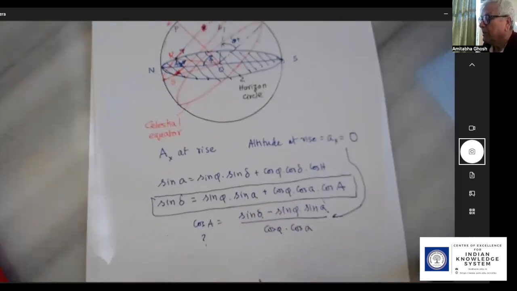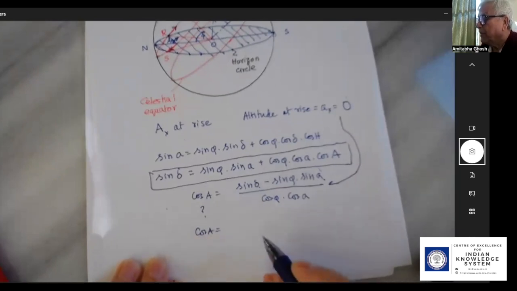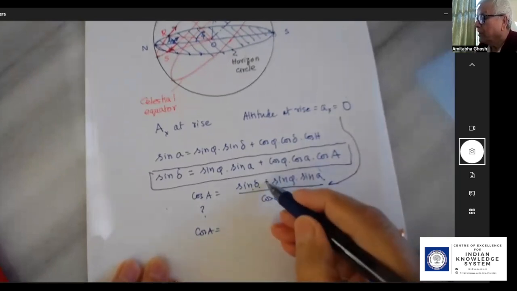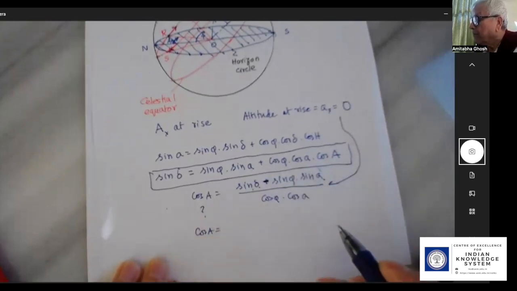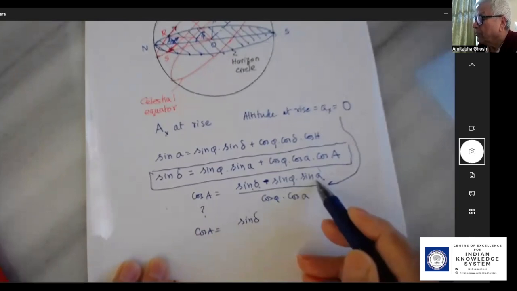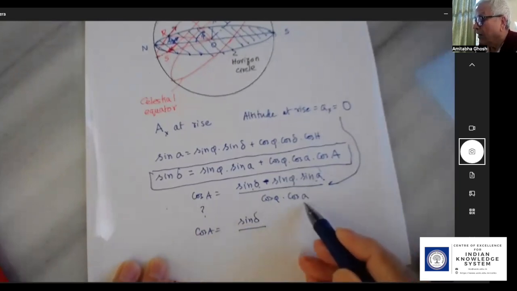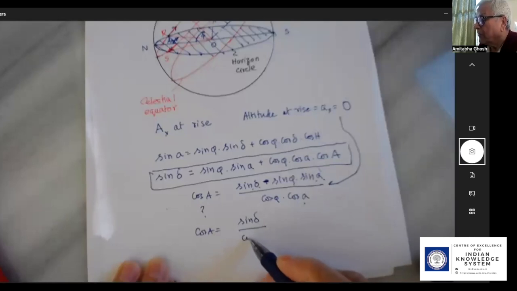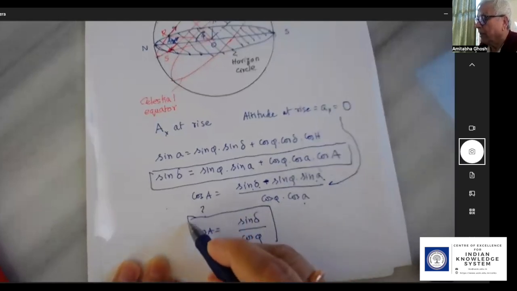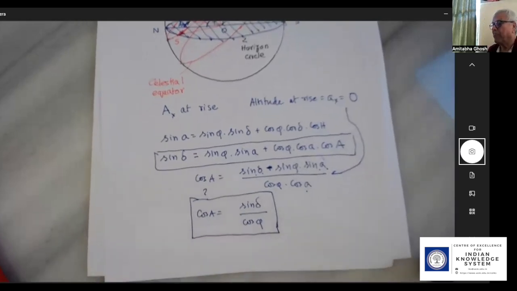So formula becomes simple. Cosine A becomes simply, this is 0, sorry, minus sine delta, this is 0 because sine A is 0, cosine A is 1 because A is 0. So this is our formula for the azimuth of the rising. So simple.